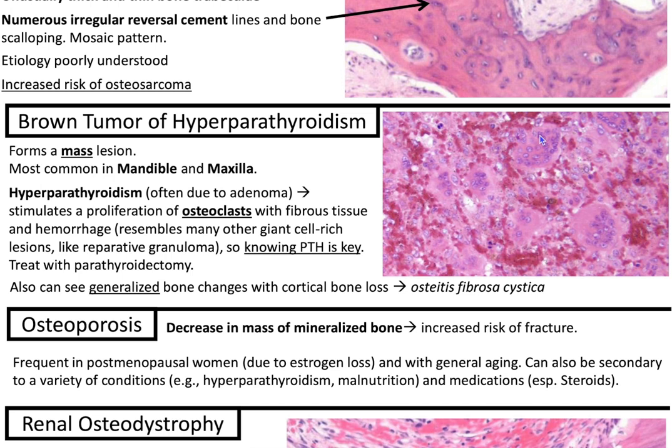So knowing the history of hyperparathyroidism is key, and you can treat this with parathyroidectomy. It's also important to know the PTH, because your differentials include giant cell rich lesions like reparative granuloma. And you can also see generalized bone changes with cortical bone loss, and that can lead to osteitis fibrosa cystica.